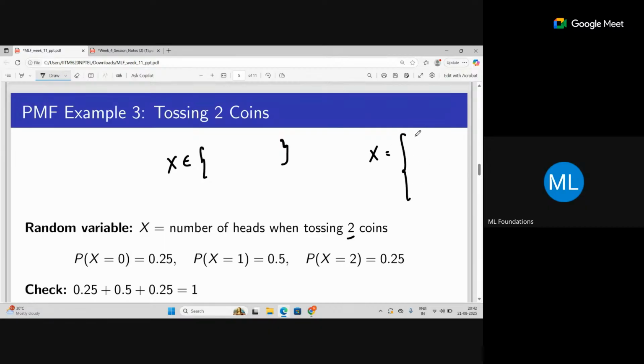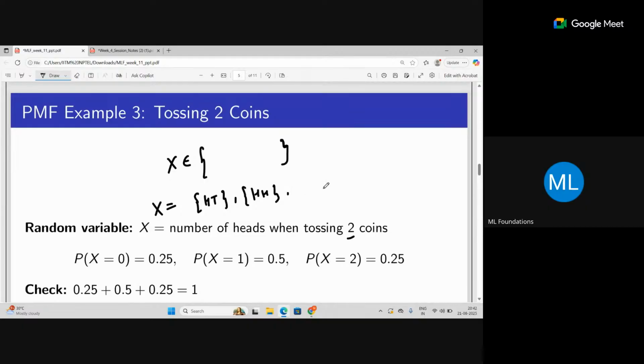Okay, I should write a set, right? So one event will be head tail, another will be head head, let's say.